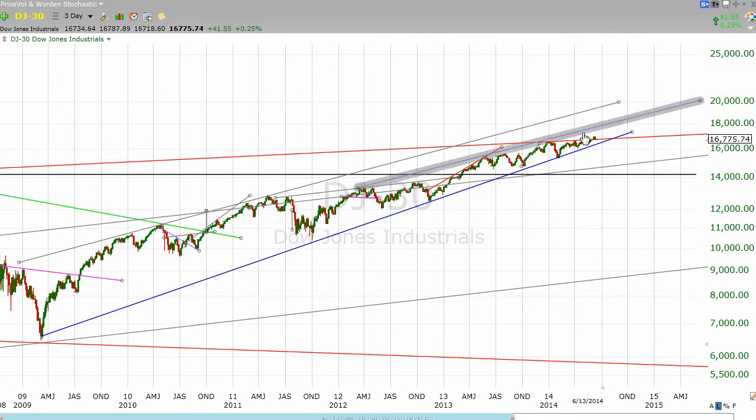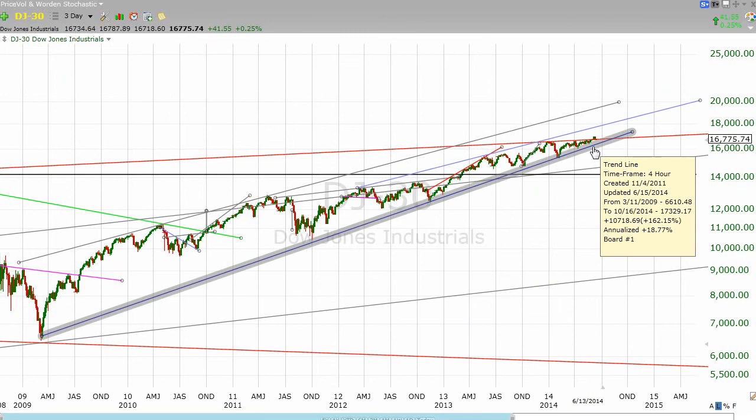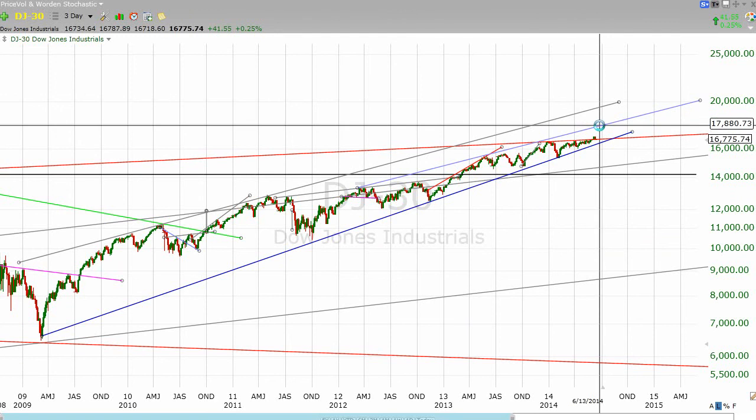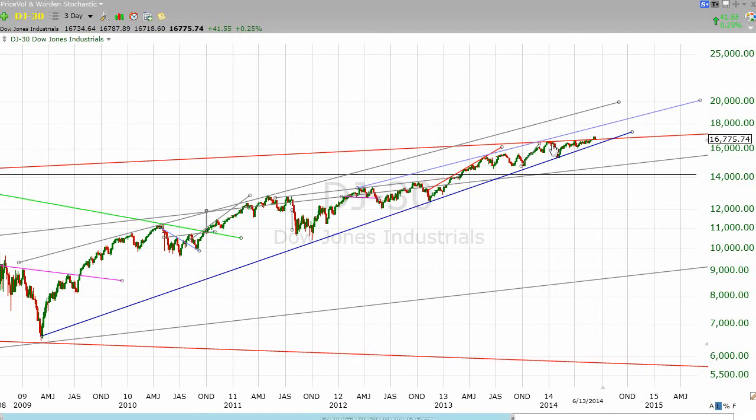So this looks maybe a little scary if this line breaks, but right now I see a likely resistance up here at this line, which is currently a good bit over 17,000.